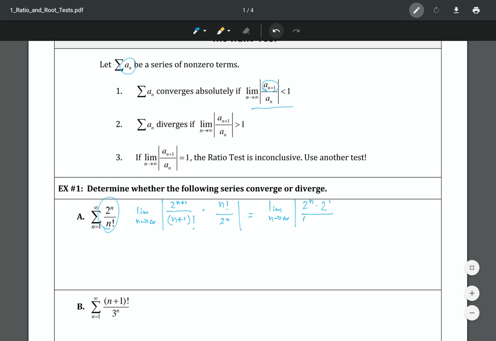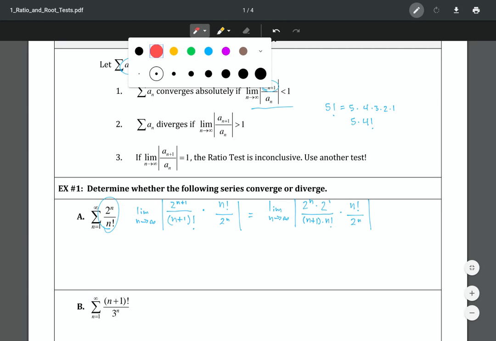Now this right here, n plus 1 factorial, I can write this as n plus 1 times n factorial, right? Because remember, 5 factorial would be the same thing as 5 times 4 times 3 times 2 times 1, so I could write 5 factorial as 5 times 4 factorial. So that's basically what I'm getting that from. Times n factorial over 2 to the n.